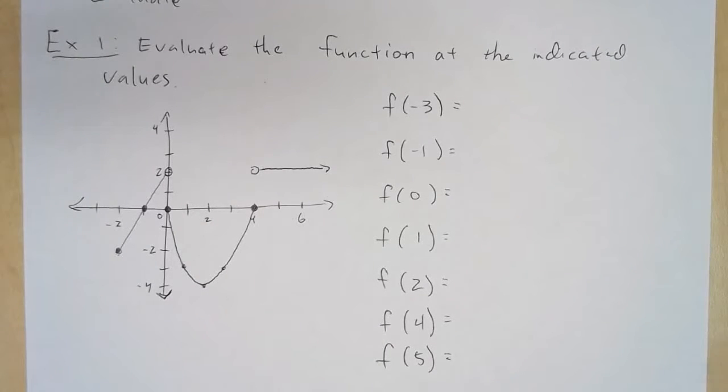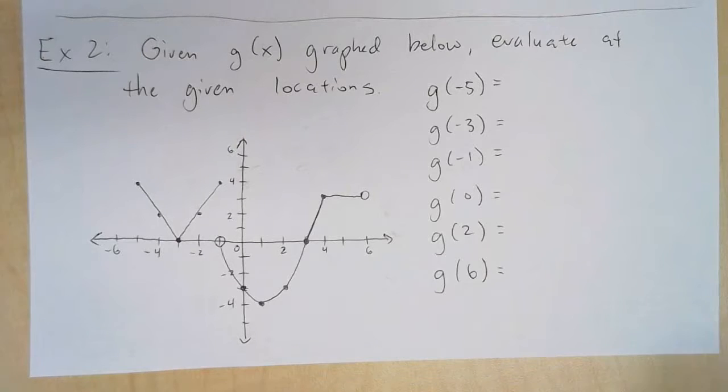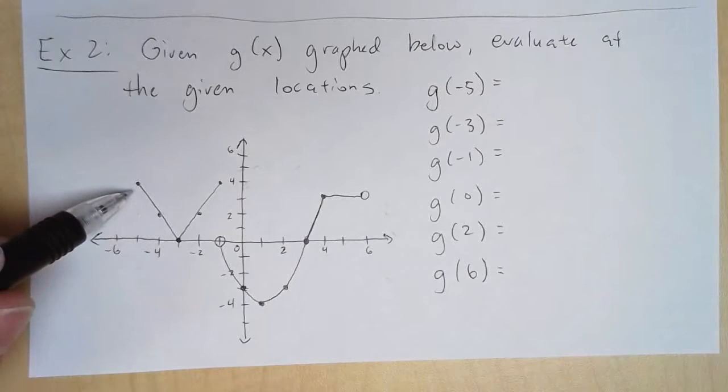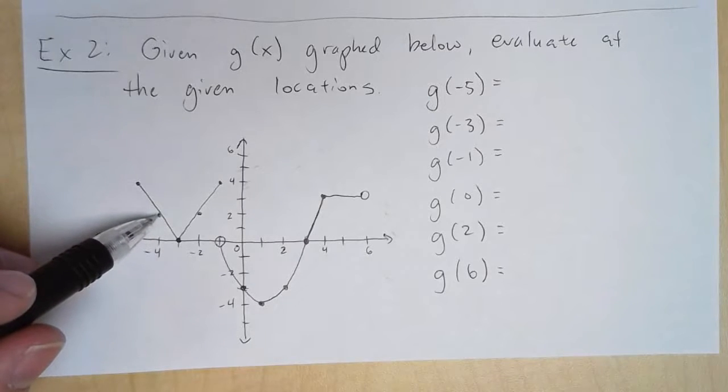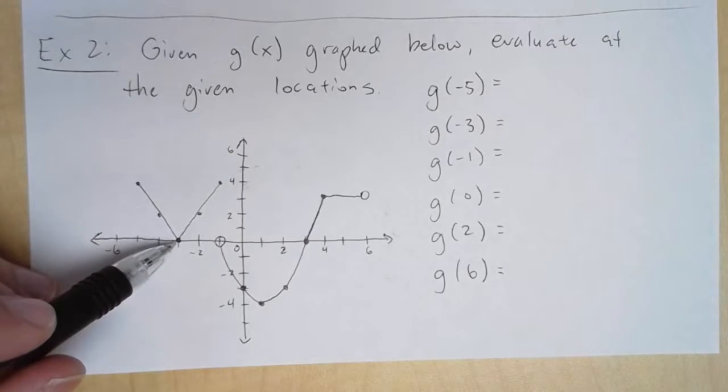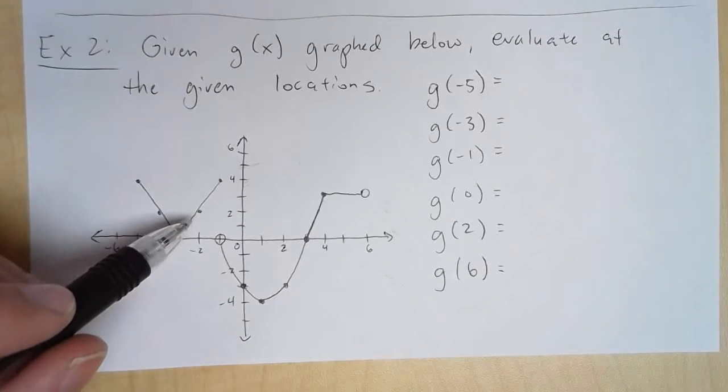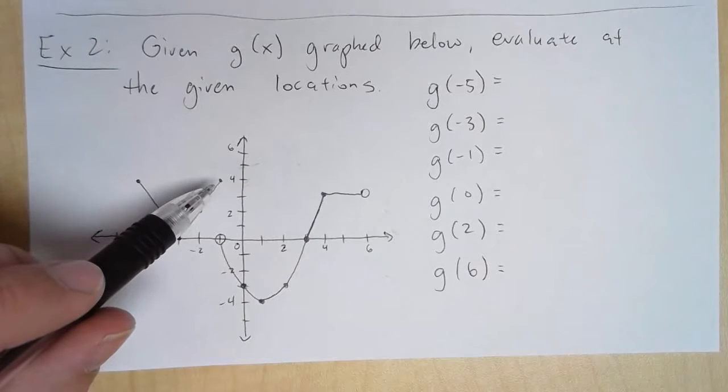And again, go back, pause that where you need to, make sure you have this graph copied nicely before we start. Alright, we're doing the second one. So pause it, make sure you get everything ready. This should start at negative 5, 4, negative 4, 2, negative 3, 0, negative 2, 2, negative 1, 4.